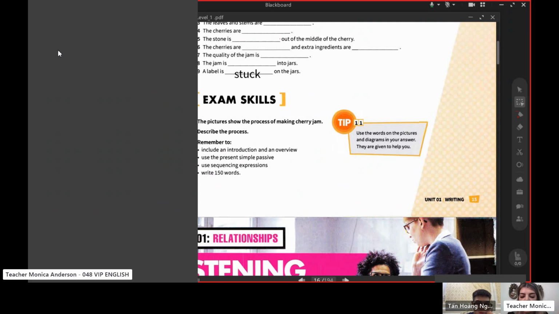Also, try not to use subjects like we and I, which you were using, and I told you not to use. Our sentences shouldn't be active. They are passive, so it's better not to use them.